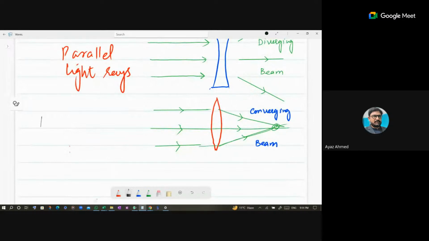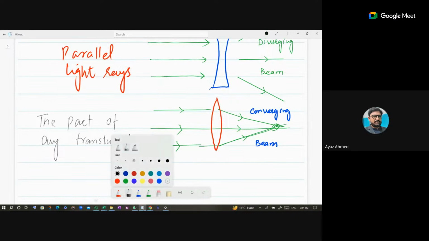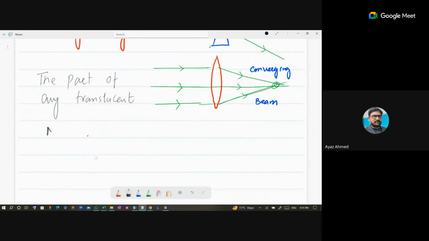So lenses are the part of any translucent material which is used to bend the light.